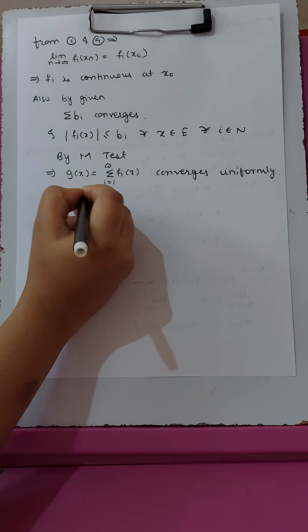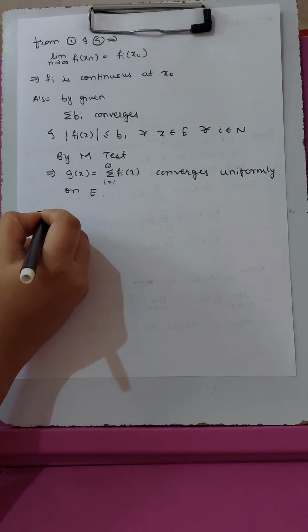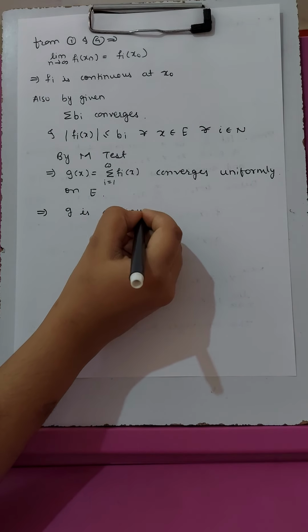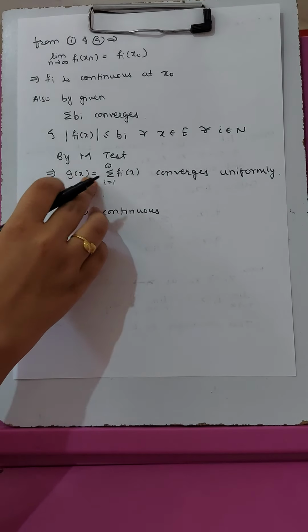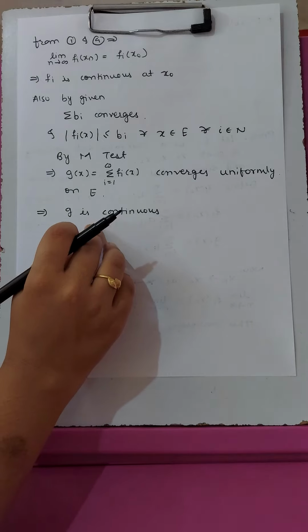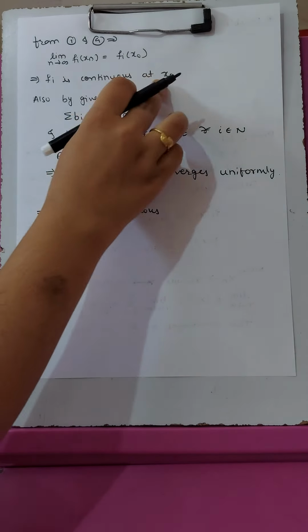So this implies that g is continuous, since g of x equals to summation i from 1 to infinity fi of x, and we know that this fi is continuous at x0.